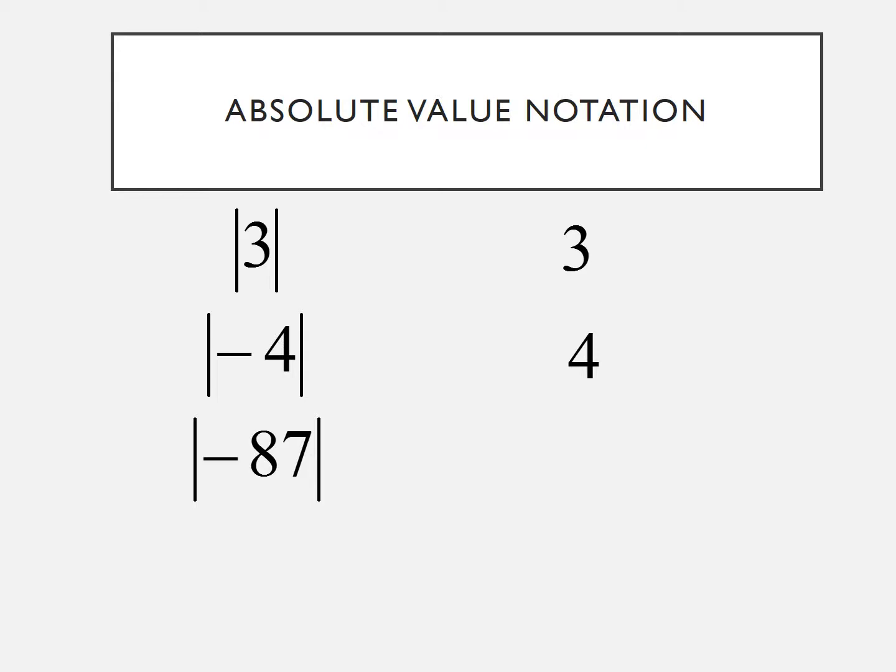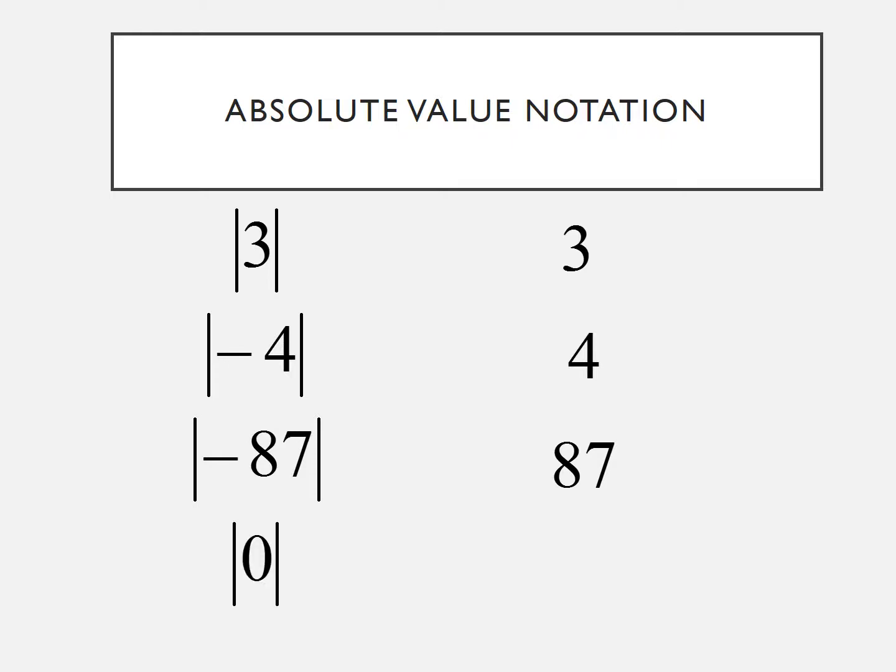Similarly, the absolute value of -87 would be 87. How many steps did we travel from 0? Although we traveled in the negative direction, the question begs the number of steps we traveled and nothing more. Therefore, the absolute value of -87 is 87.